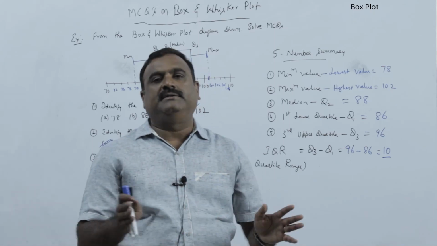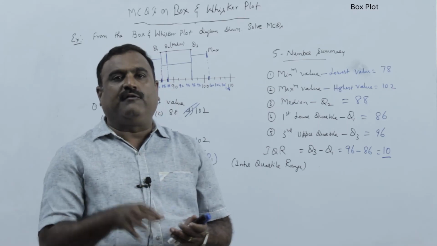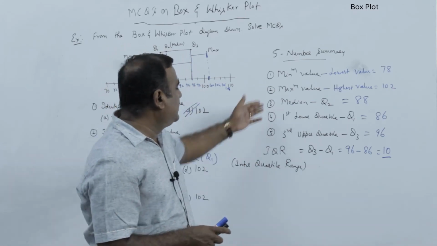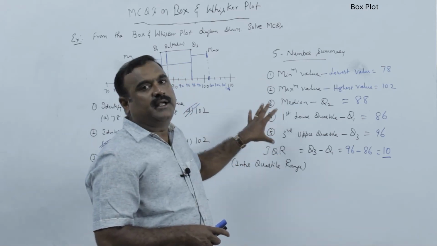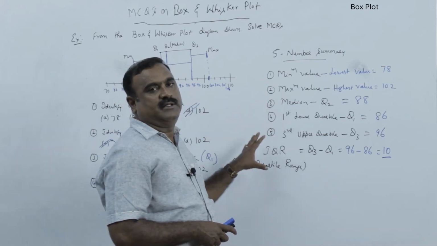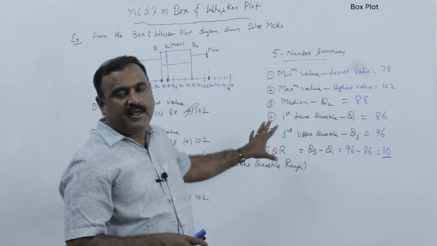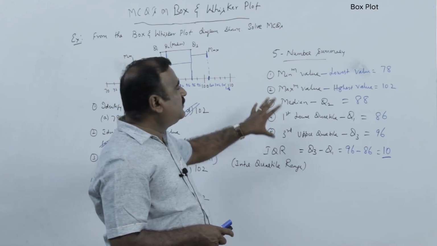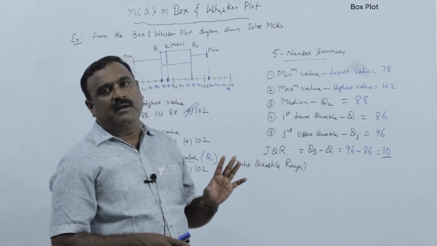If you understand the box and whisker plot very thoroughly, these five things, any type of MCQ question will be asked only with respect to these, and you can solve it very easily. So you should understand this 5-number summary in the box and whisker plot.